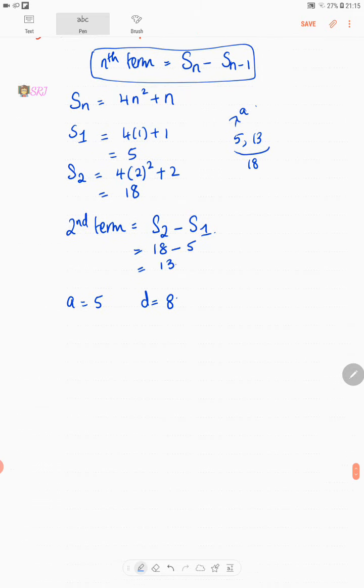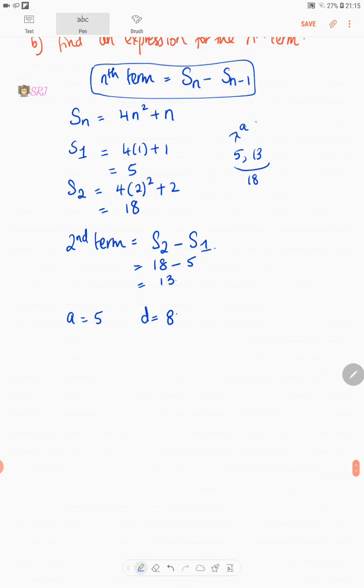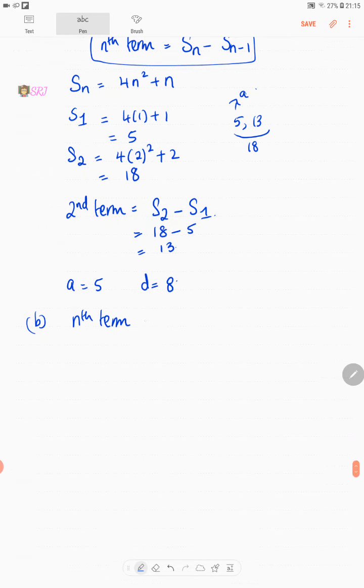This is part A. Now for part B, we have to find an expression for the nth term. For the nth term, we have A plus (n minus 1)D.